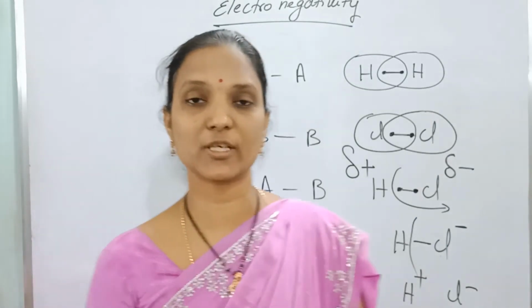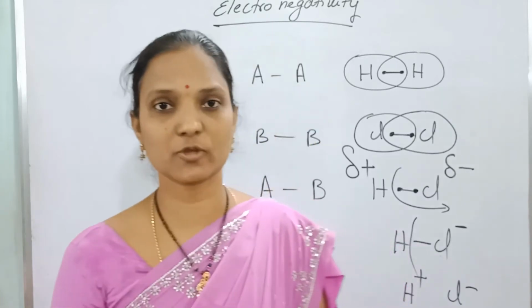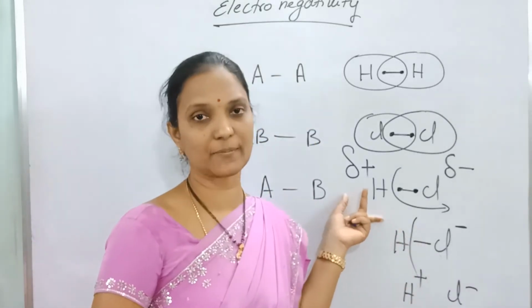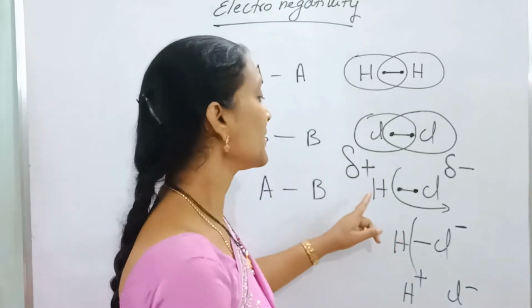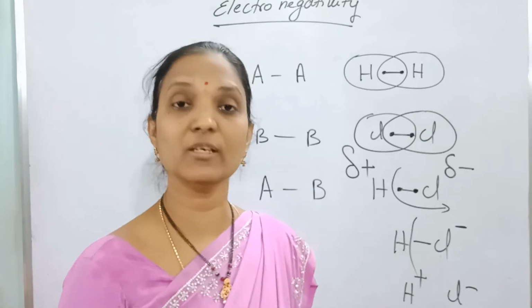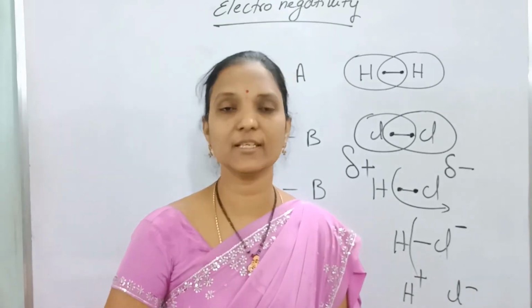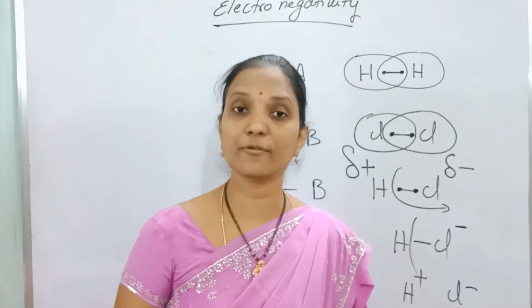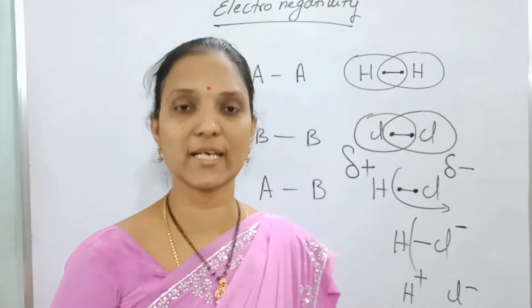It contains a partial negative charge and a partial positive charge, negative and positive poles. So it is a polar covalent compound, nothing but it has a dipole moment. Anyhow, in HCl, between hydrogen and chlorine, one electron pair is present, that is a bond pair. This bond pair is attracted by one of the atoms more towards itself.